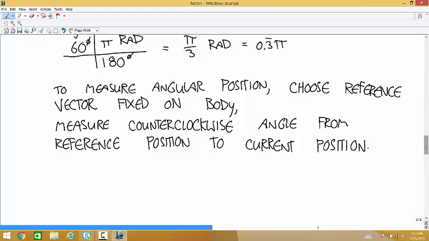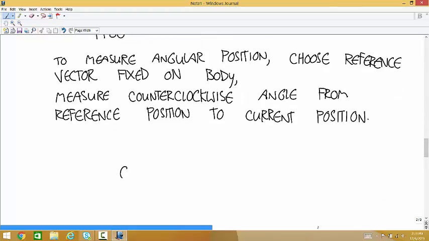Okay, so let's say we're talking about the change in orientation of a car. You can choose your reference vector however you want, but I'll choose it like this. You can imagine just spray painting that on the car. You know, do it with someone else's car. And then after some amount of time, let's say the car is in this orientation.